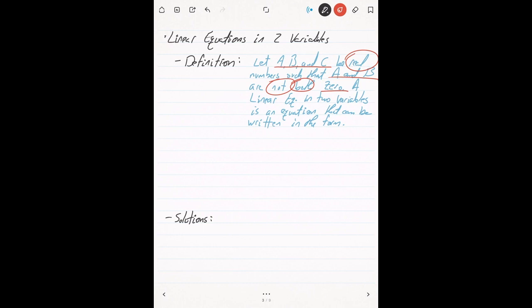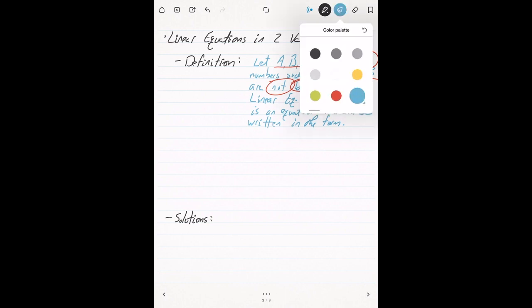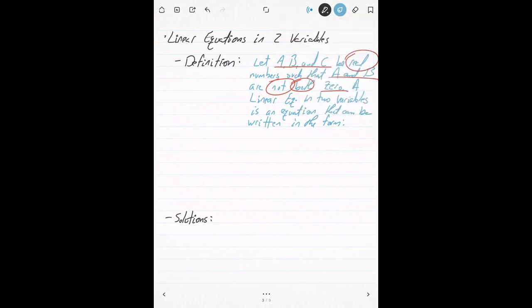A linear equation in two variables is an equation that can be written in the form ax plus by is equal to c. Let's pick apart this definition a little bit, and come up with some examples of what it means to be a linear equation.